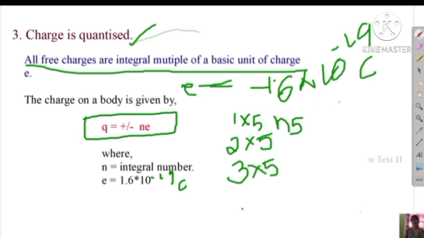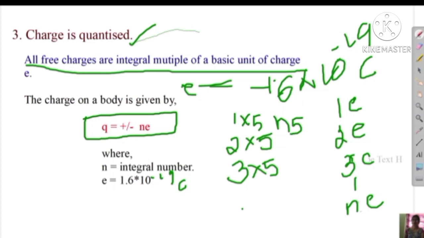Similarly, if a system contains one electron, the one electron is multiplied with the electronic value or electronic charge e. If 2 electrons are present, they are multiplied with the electronic value e. If 3 electrons are present, that is also multiplied with the electronic value e. Similarly, if n number of charges are present, they are multiplied with the electronic value e, which gives you ne.